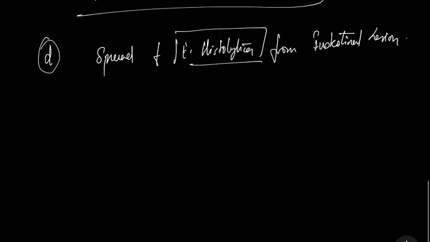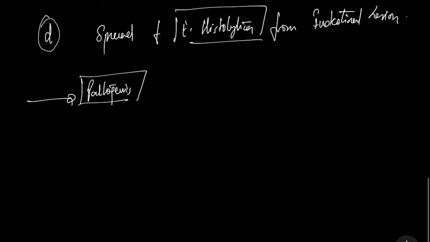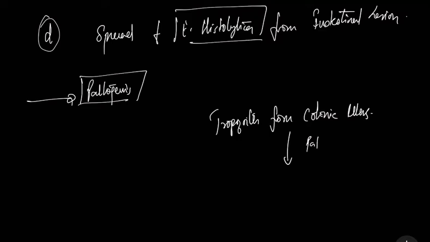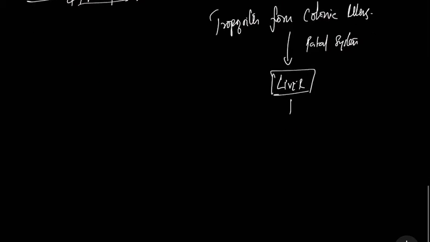All right. Now, coming to the pathogenesis, what happens here is that the trophozoites from the colonic ulcers, via the portal system, enter the liver. All right? And in the liver, these trophozoites undergo multiplication.